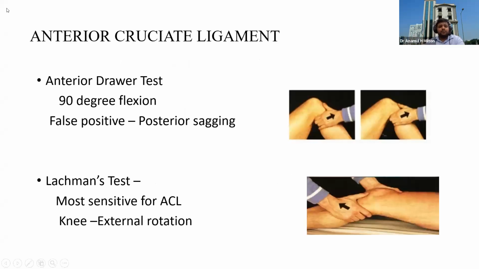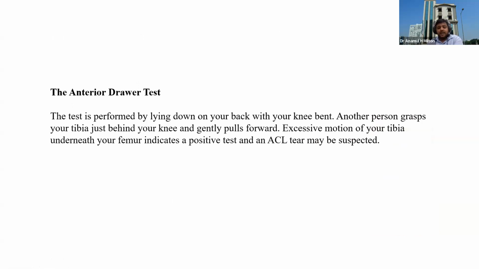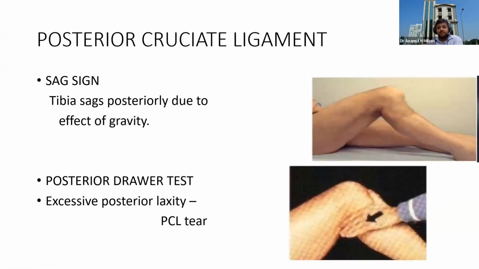Okay, so for the cruciate ligament there are two types of examination, like the anterior drawer test, posterior drawer test, or the Lachman test. We can see if there is sagging or if there is lagging. So we can see this, there is sagging.